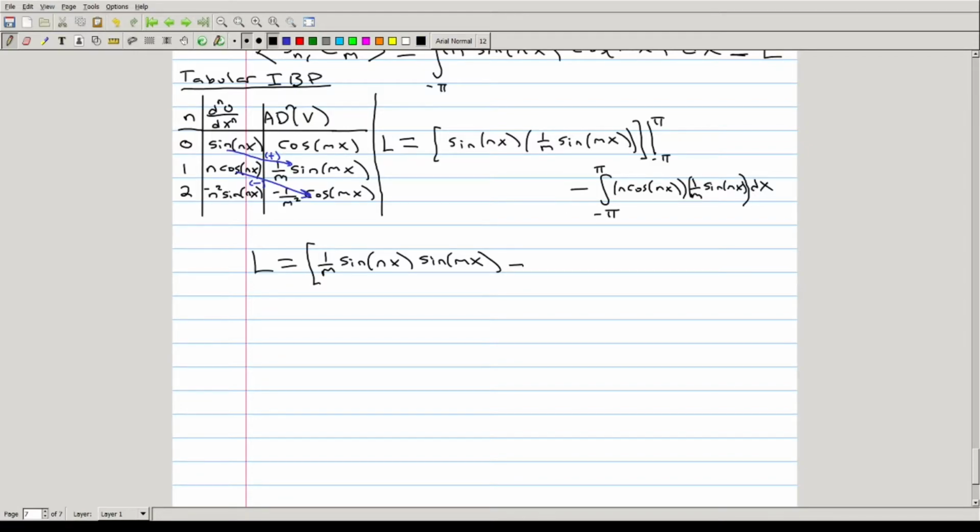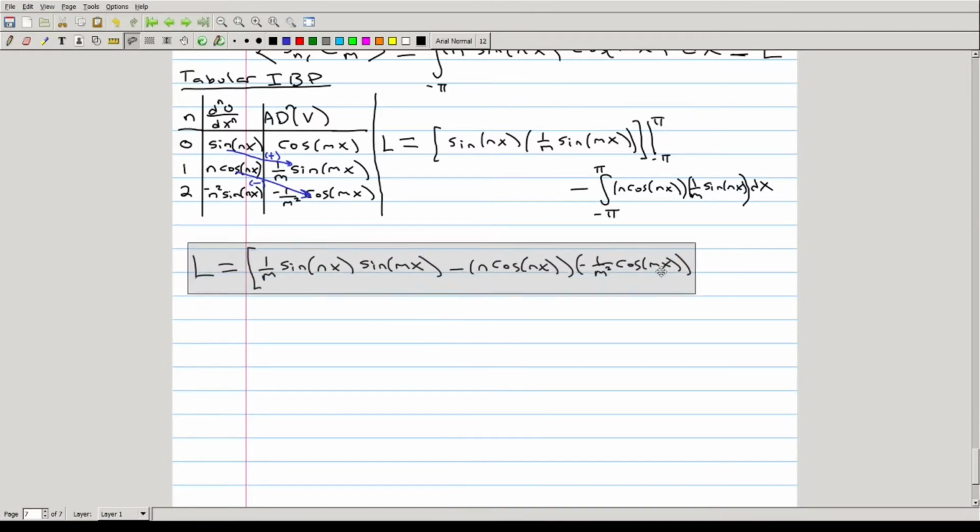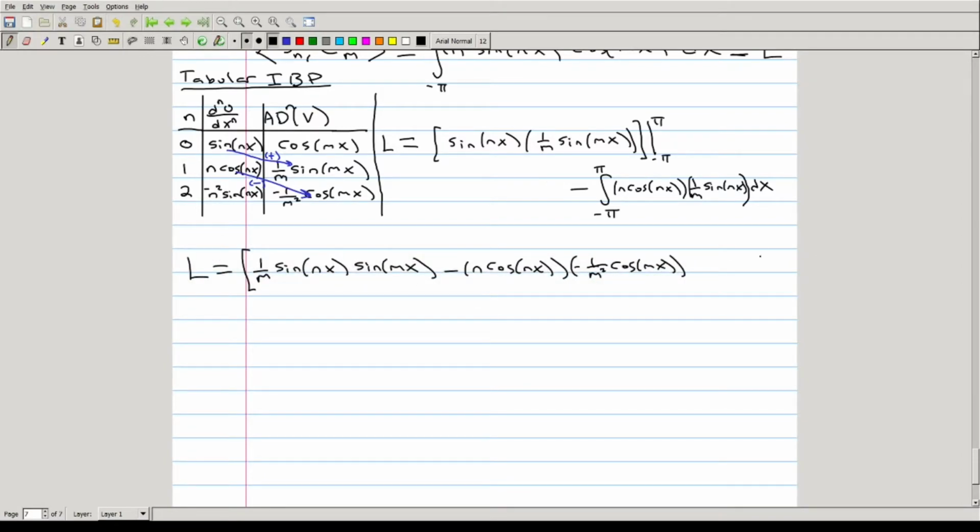So it'll be minus n times cosine of nx times negative 1 over m squared cosine of mx, and then because we're terminating the integration by parts, this is from negative pi to pi.